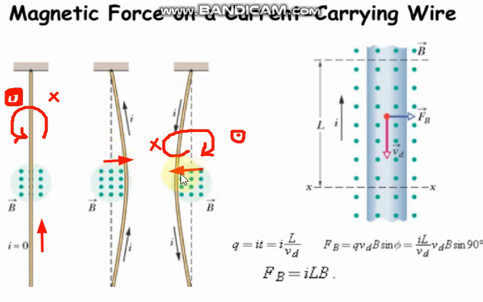Why is this so? Because we have reversed the direction of the current over here. In one case the current is flowing up, in the other case the current is flowing down. So it means that by reversing the direction of current in the wire, the direction of the magnetic force acting on that current carrying wire will also be reversed.